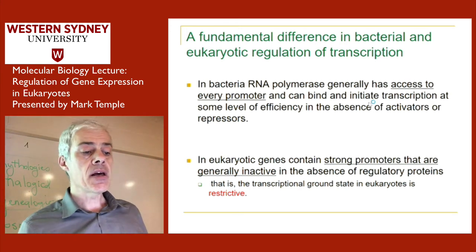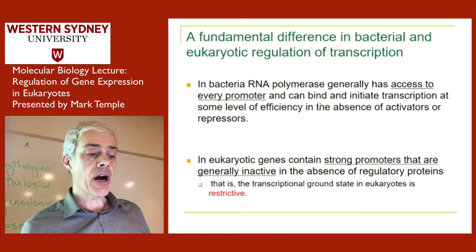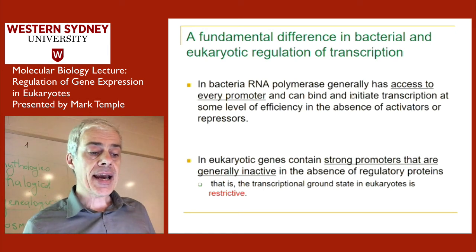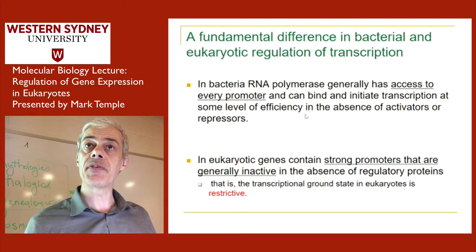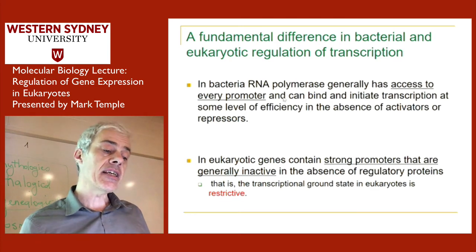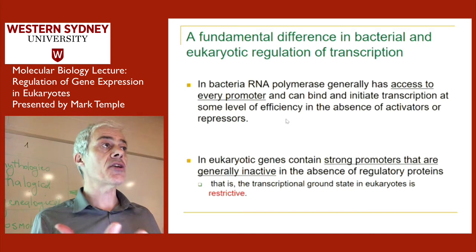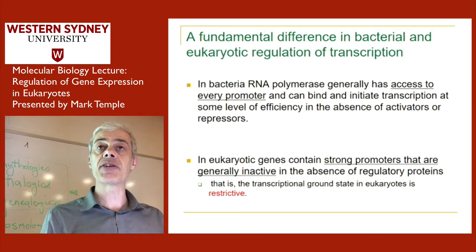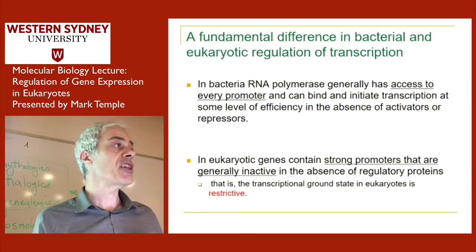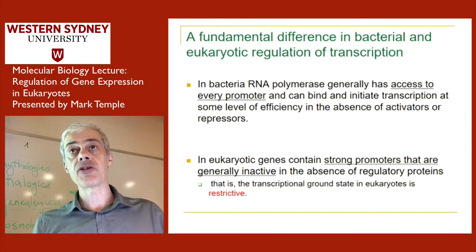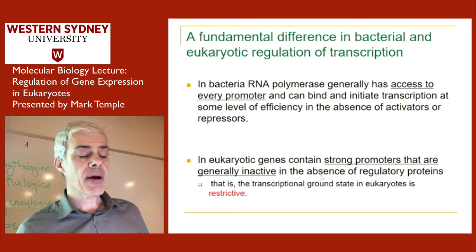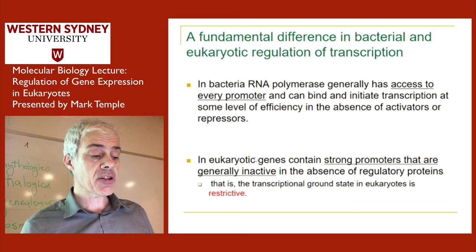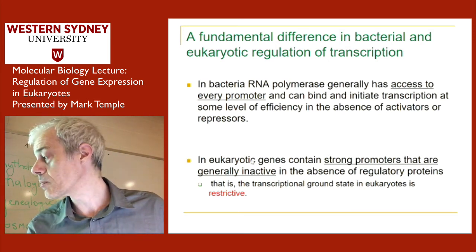So the RNA polymerase can bind and initiate transcription at some low level of efficiency, and in addition to that, I discussed activators and repressors to make the polymerase more efficient or to block transcription.